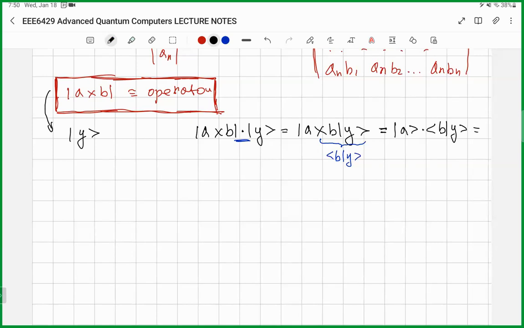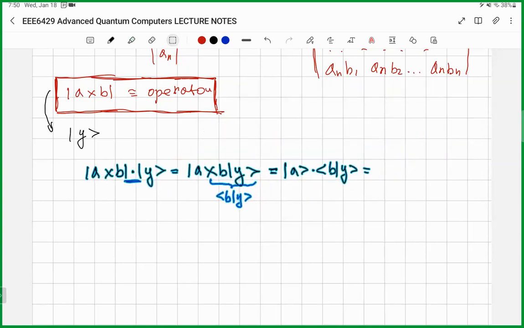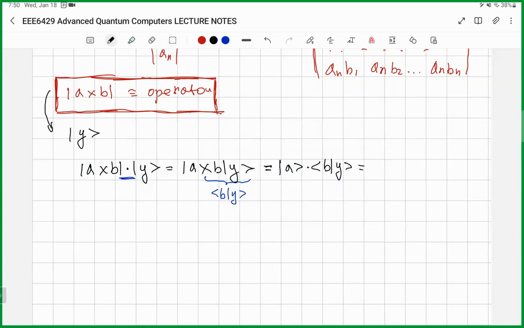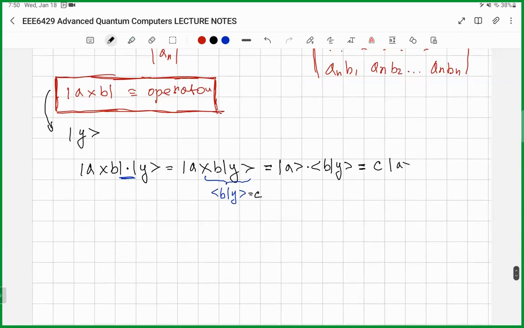But we know that the inner product is a constant, let's say c. So the result of acting with this ket-bra operator is simply a constant c, which can be a complex constant, times the ket vector a.